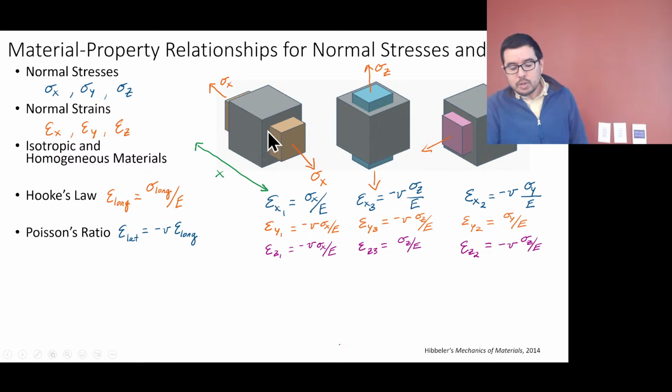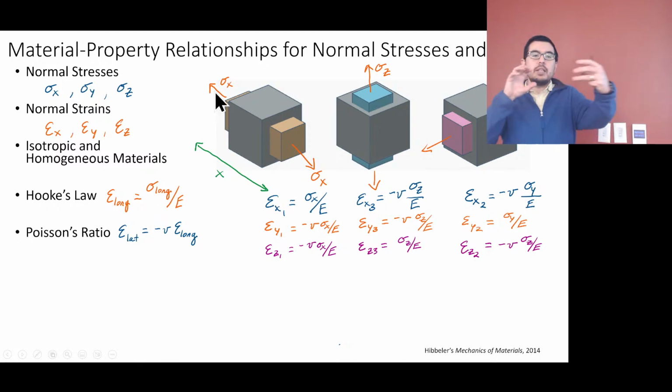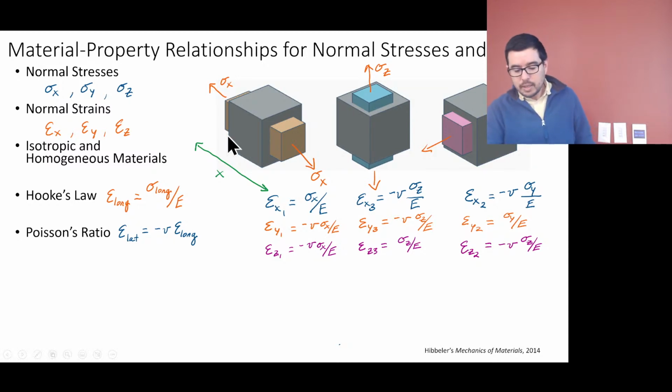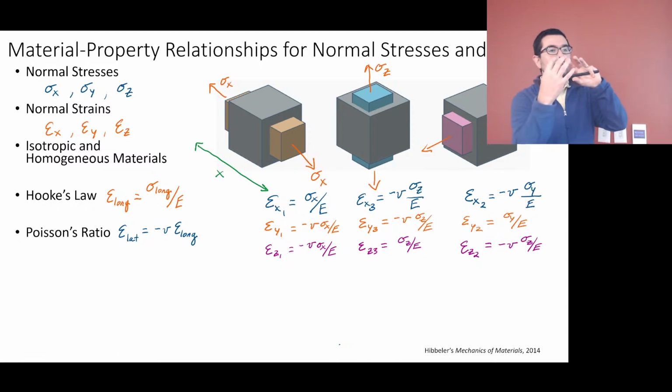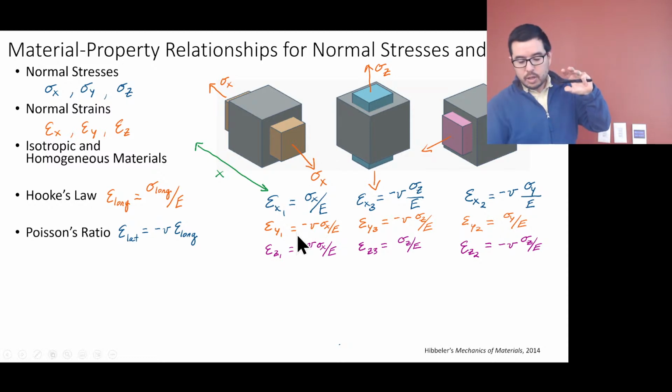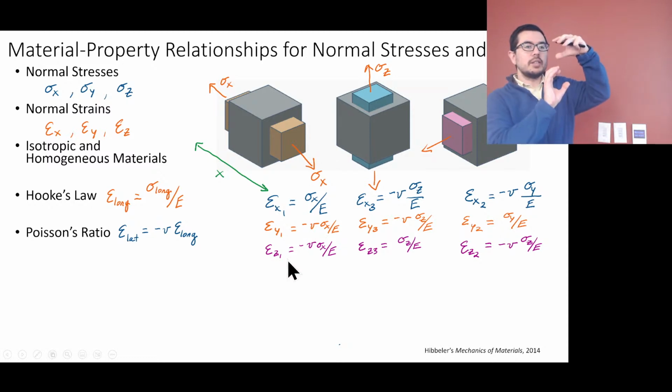Hooke's law tells me that if I apply stress in this direction, I get strain in that direction. Poisson's ratio tells me if I apply stress in this direction, I get contraction in the y direction. It also tells me that I get contraction in the z direction.